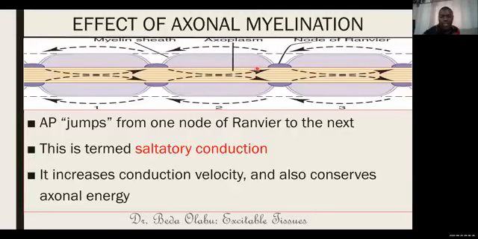Saltatory conduction conserves nerve energy. So this is the twofold advantage of myelinating neurons: increased speed of conduction and also conservation of neuronal energy. These are the advantages of saltatory conduction.